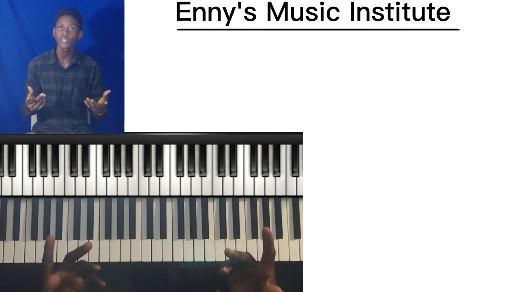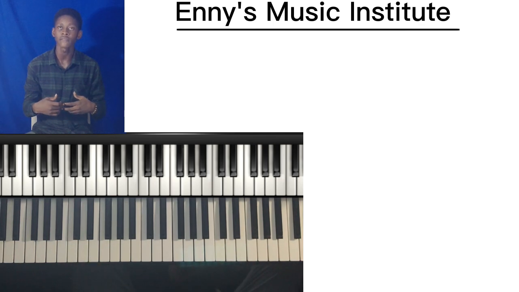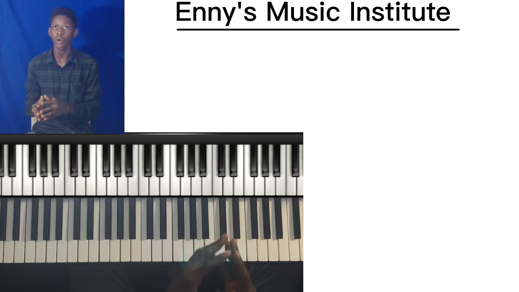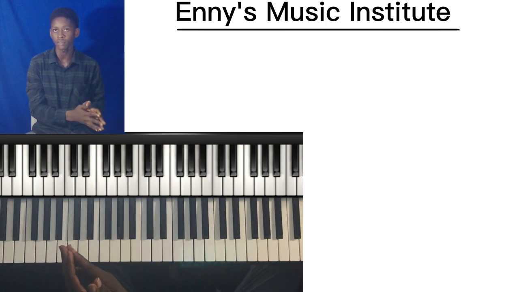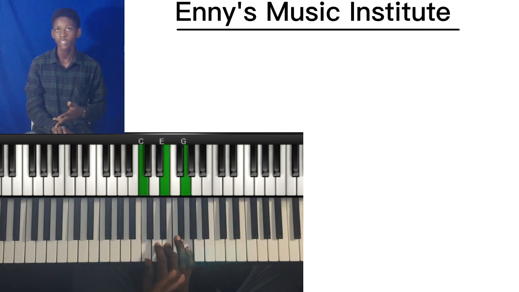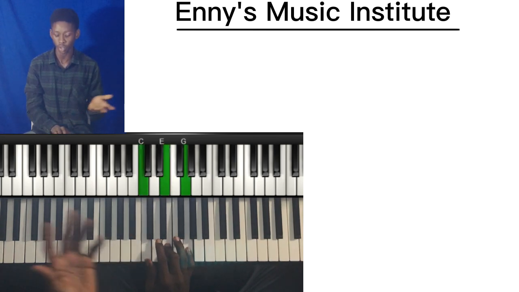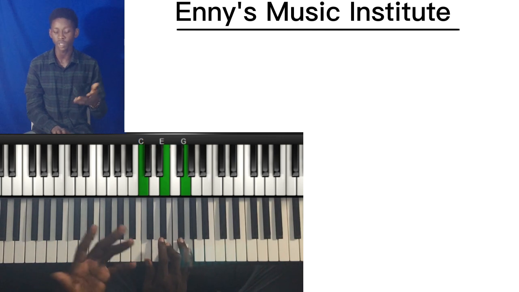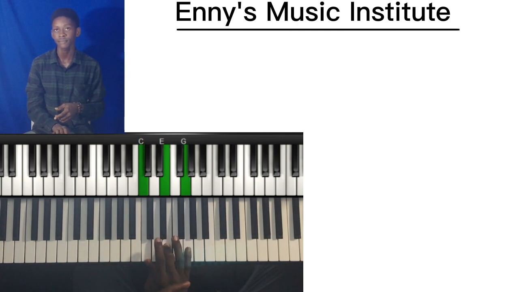Alright, so a drop 2 voicing is really just a voicing that's achieved by dropping the second highest note in a chord to a lower octave. Stay with that definition. Now let's take a chord. This is the C major triad, or C major chord. What is the second highest note in this chord? This is the highest note. This is the second highest.